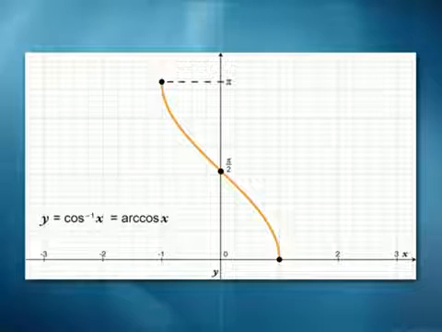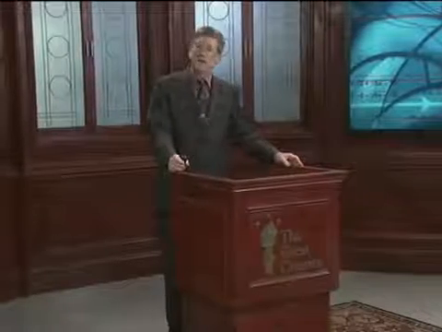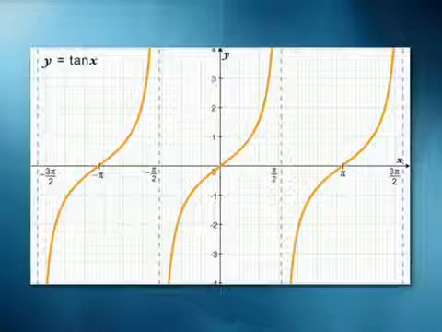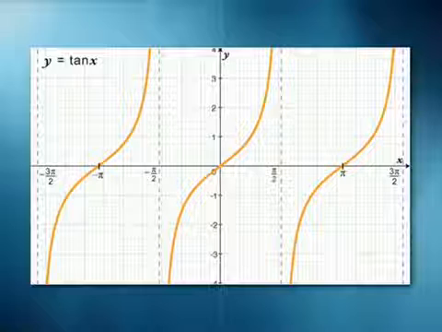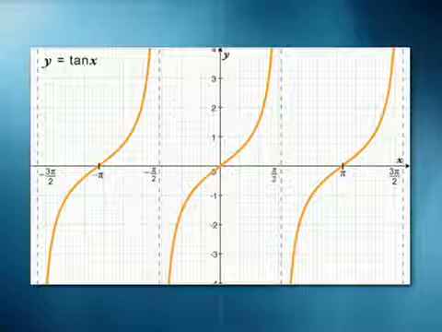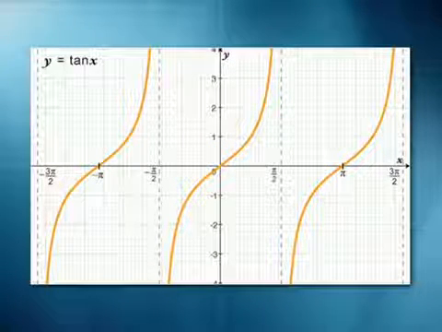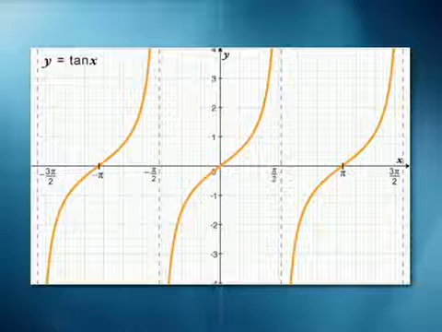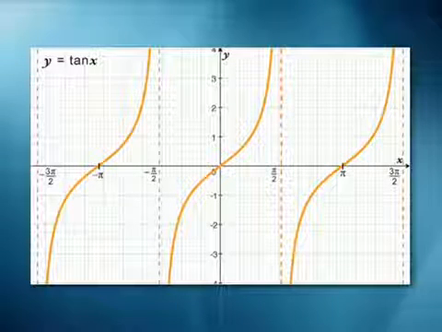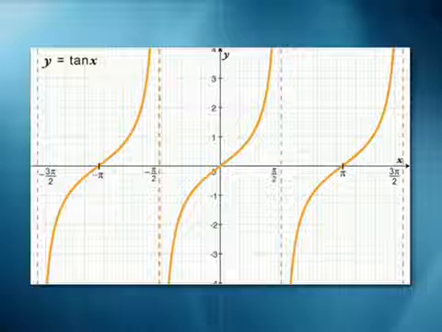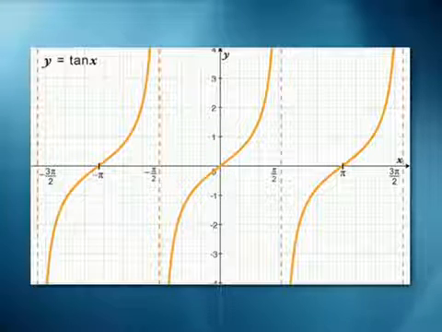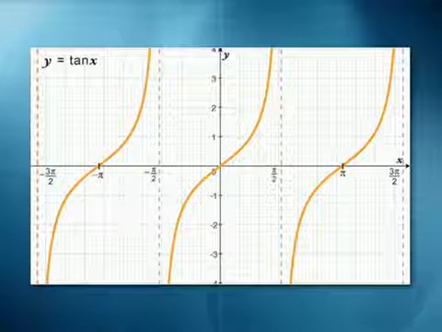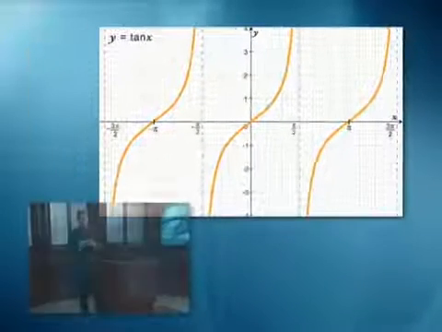Let's turn to tangent. This is perhaps my favorite inverse trig function. Here's a picture of tangent x. Tangent, you remember, has those repeated curves. It has those vertical asymptotes at pi over 2, 3 pi over 2, minus pi over 2, minus 3 pi over 2, etc. All right.